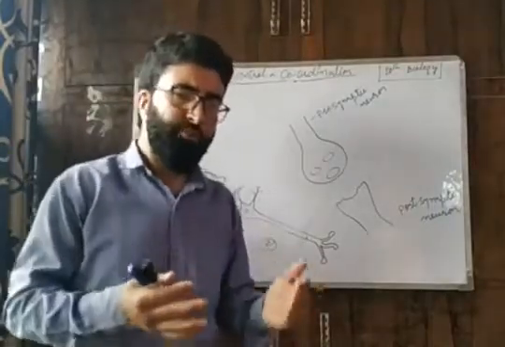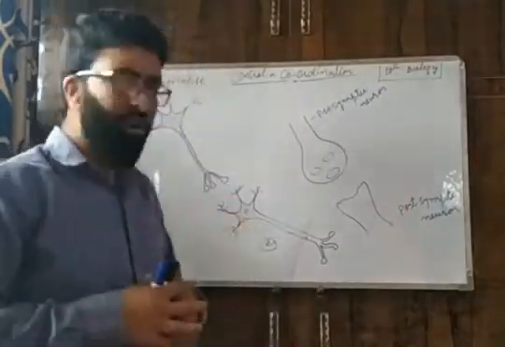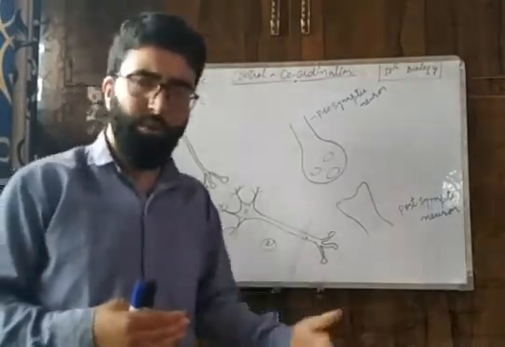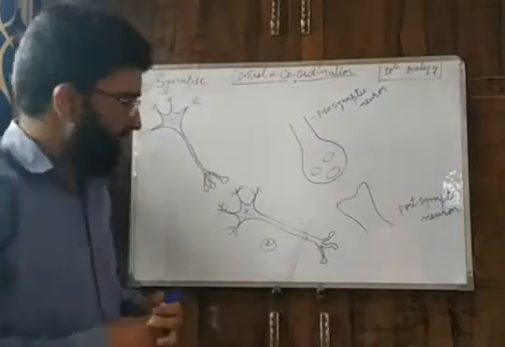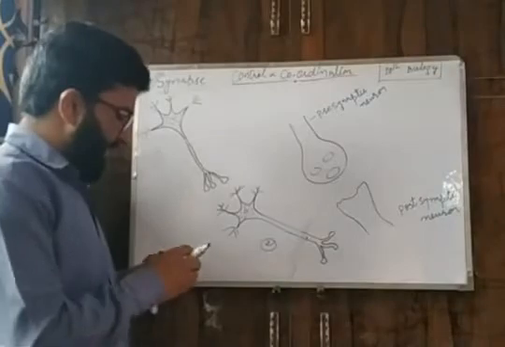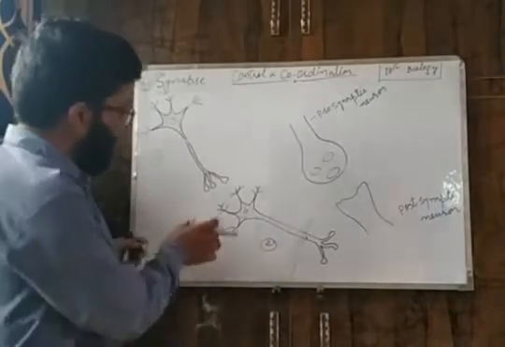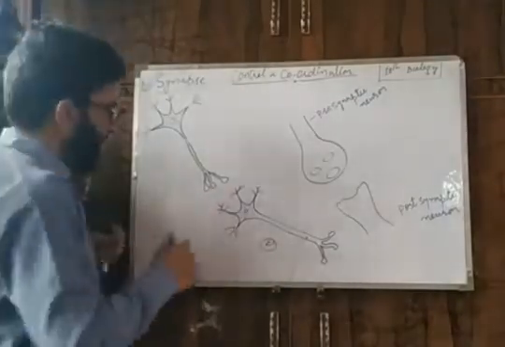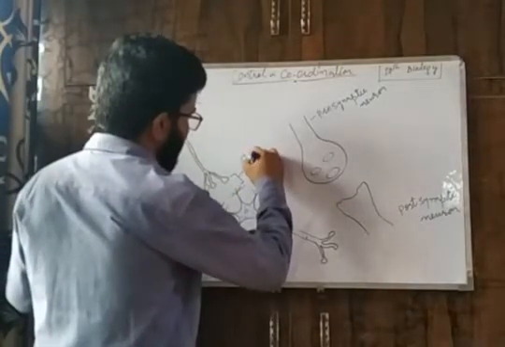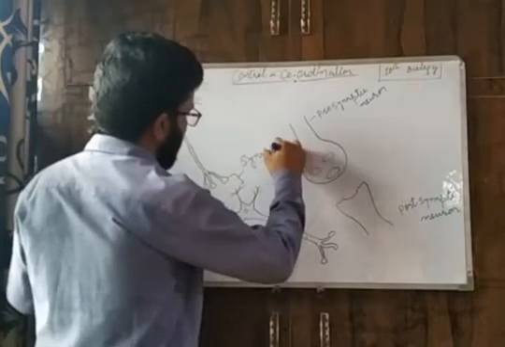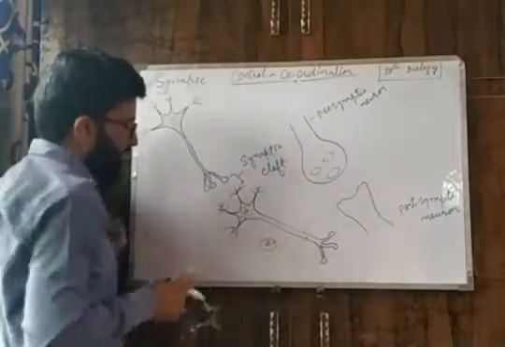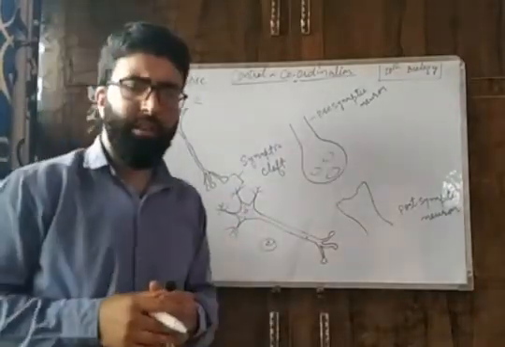Now the question is, when these neurons are not in direct contact, how is the nerve impulse passed from one neuron to another neuron? In this synapse, the gap between these two neurons is called the synaptic cleft.